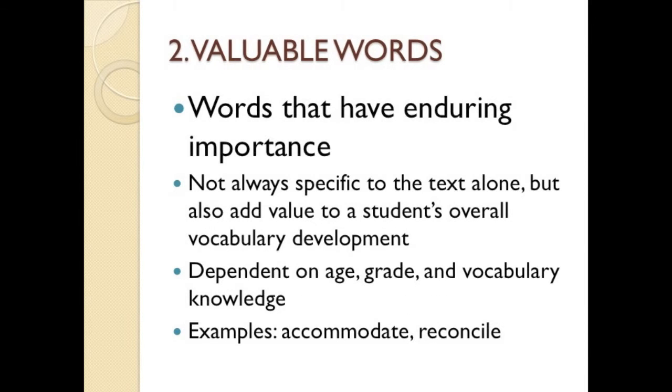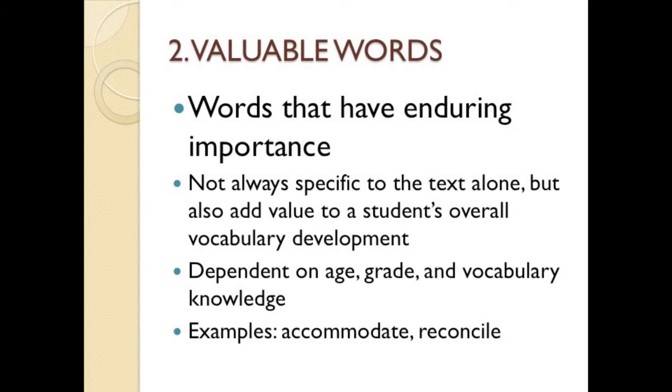The second type of word that the SWIT framework identifies are valuable words. And these are words that are not necessarily specific just to the text. You may be able to understand the text without knowing what these words are, but they have an enduring importance. So students may see those in other grade levels or in other texts throughout that grade level.